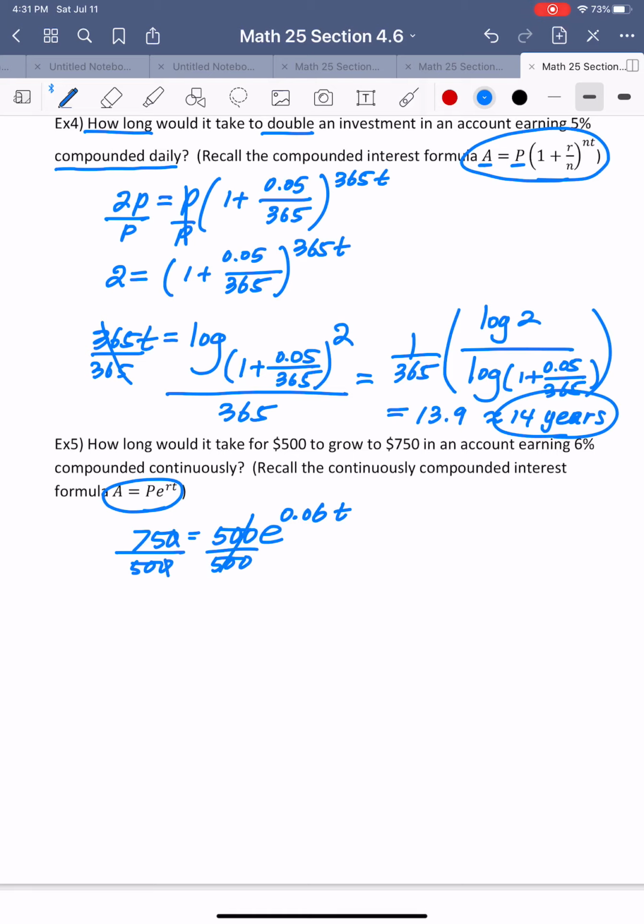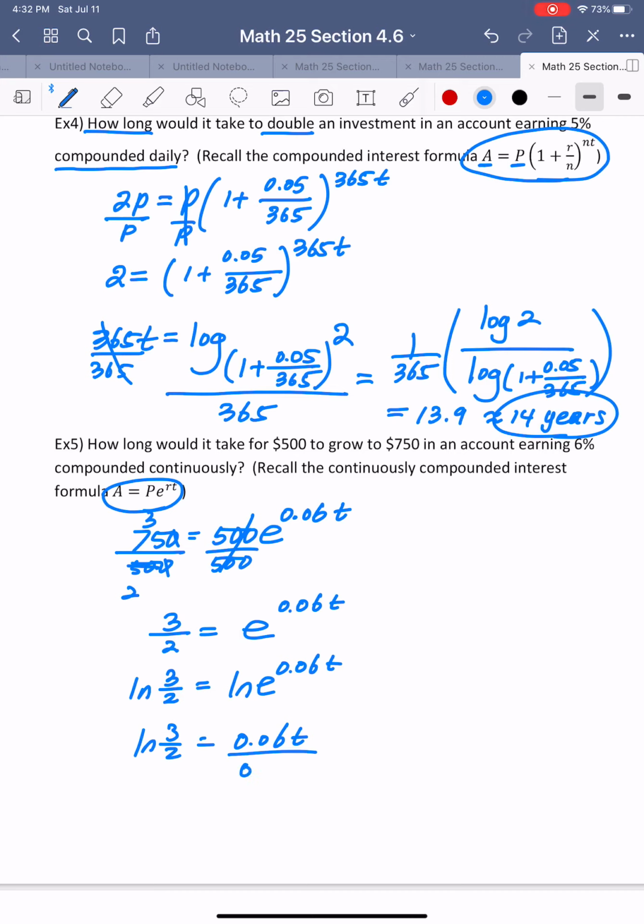So 0 cancels, 5 goes into 750, I think it's 25, right? So 2 and 3? So you got 3 over 2, which is e to the 0.06t. Since the base is e, I put the ln this side. ln e of 0.06t, and then ln 3 over 2 is the same as 0.06t.